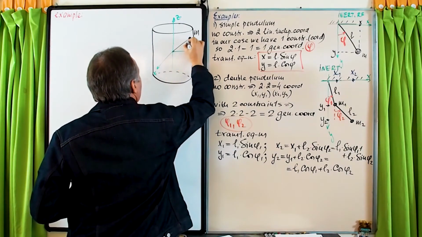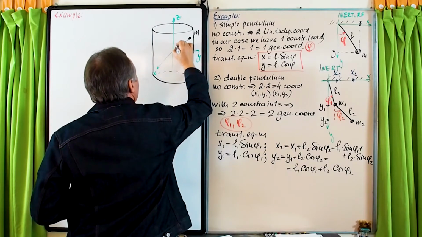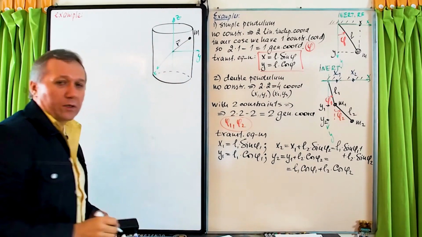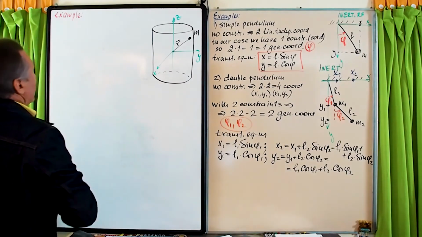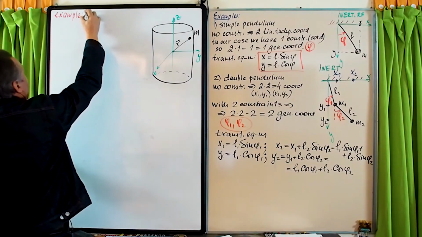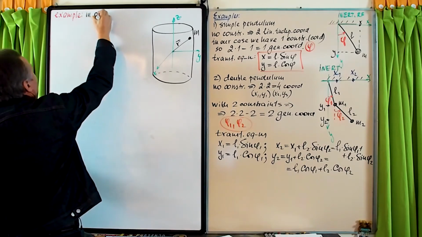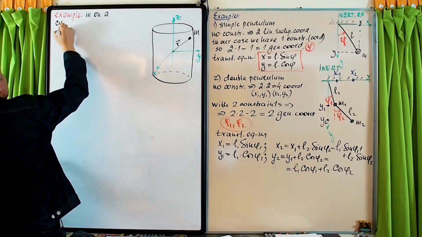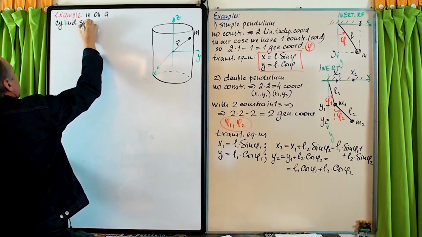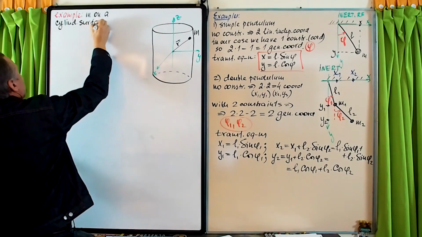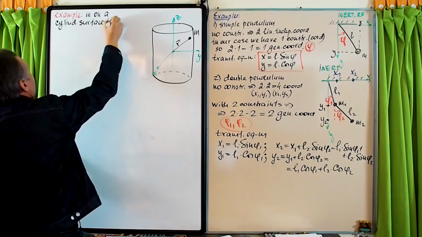Of course, the position of that point mass can be defined using a position vector, right? So let me write: point mass on a cylindrical surface of radius r.